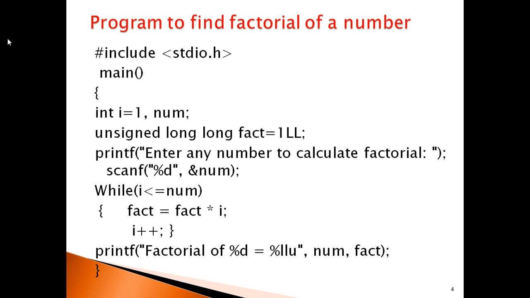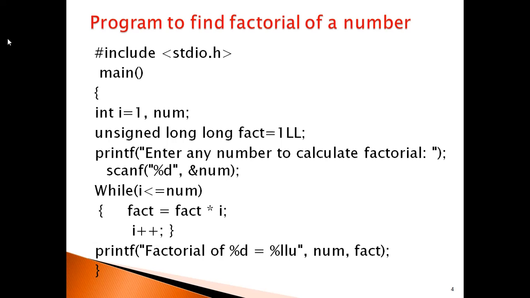After reading that number, by using the while loop, while i is less than or equal to num, it checks the condition. After that, it will calculate fact. Fact is equal to fact multiplied with i.